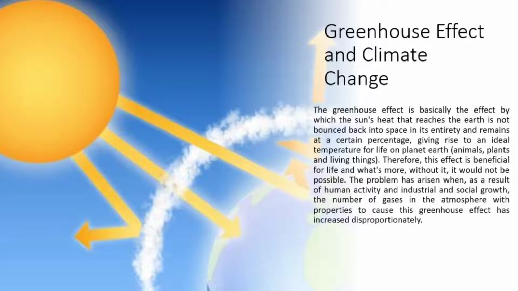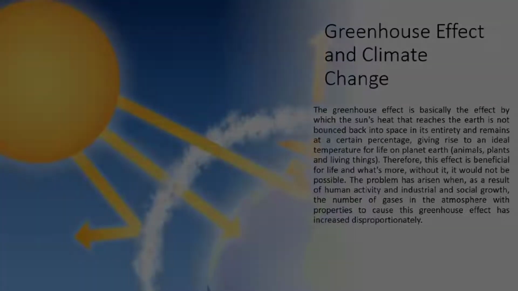The problem has arisen when, as a result of human activity and industrial and social growth, the number of gases in the atmosphere with properties to cause this greenhouse effect has increased disproportionately.